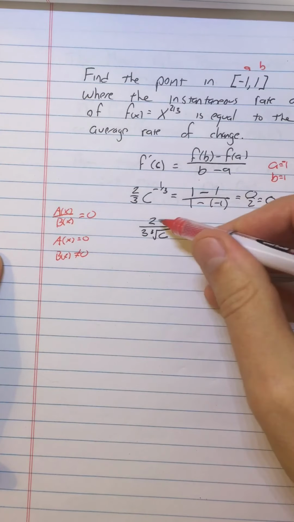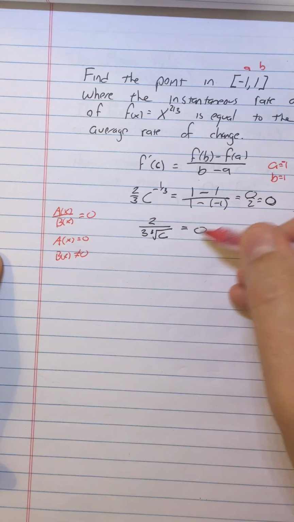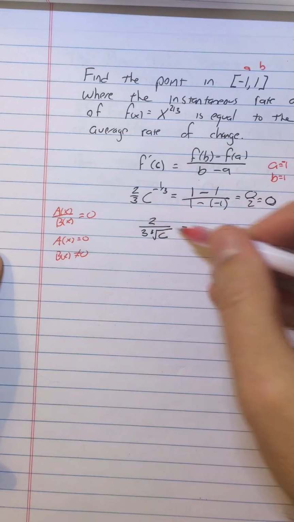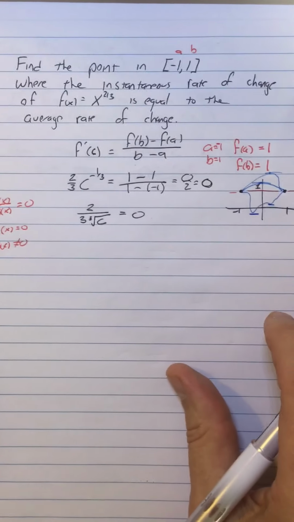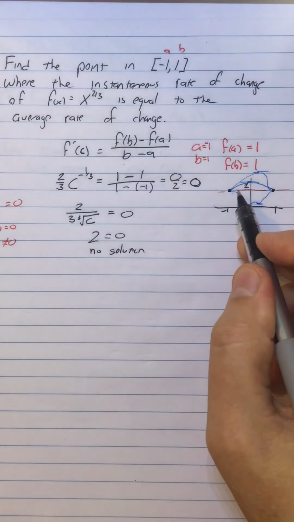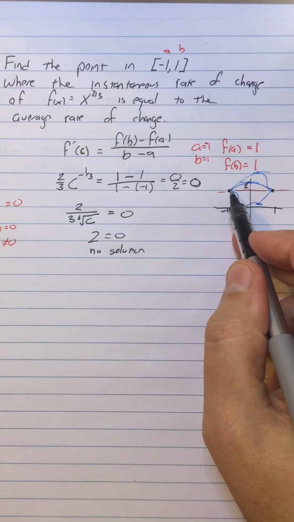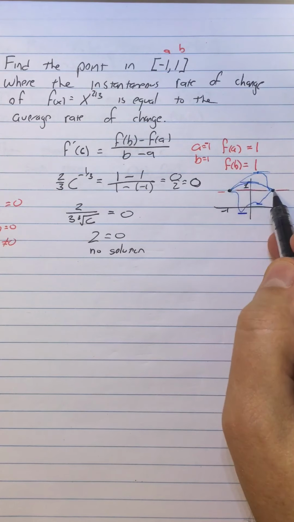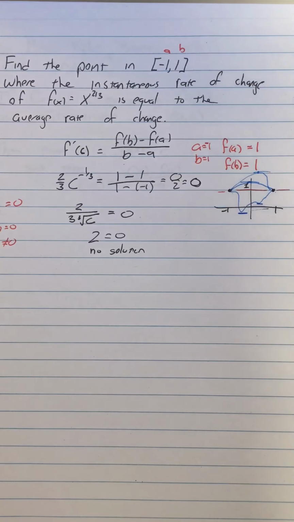So whenever I'm looking at a numerator and denominator, if I want that to be equal to 0, then just the numerator has to be equal to 0. So basically, this equation amounts to 2 equals 0, which has no solution. So in fact, there is no point in that interval where the tangent is horizontal.